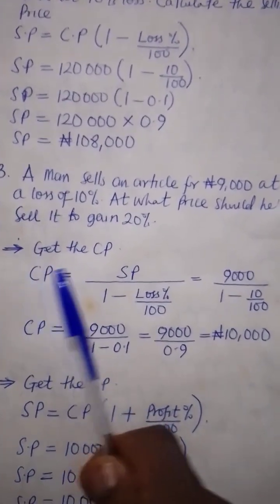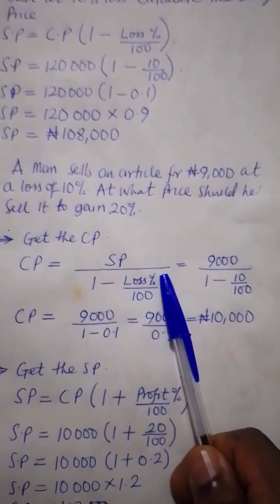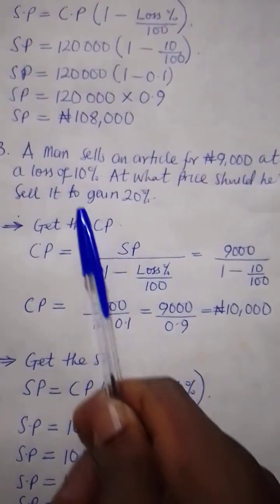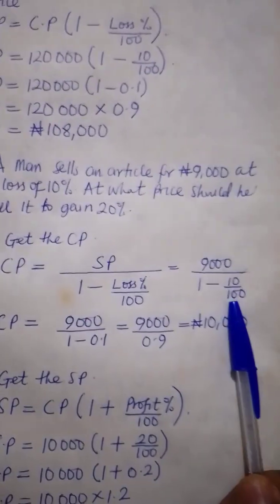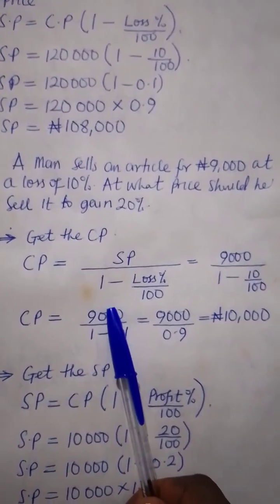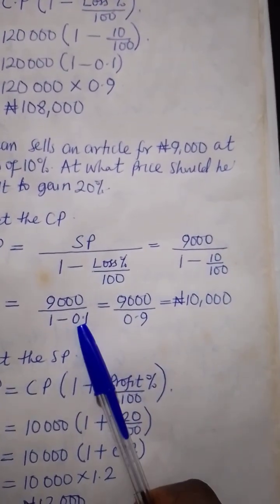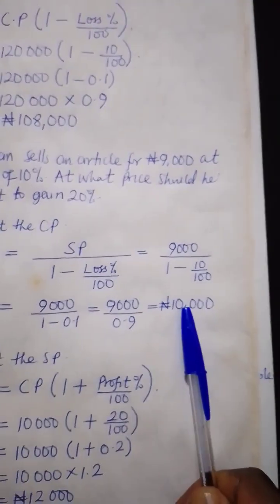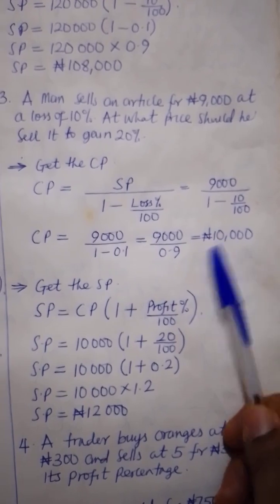So our cost price is selling price over 1 minus percentage loss over 100. So selling price of the article is 9,000 over 1 minus 10 over 100. This eventually will give us 9,000 over 1 minus 0.1. By the time you resolve properly, you will get 10,000. So then, our cost price is 10,000.